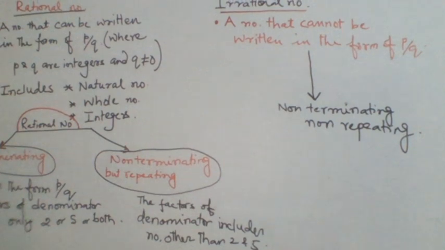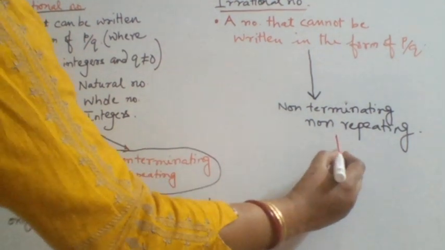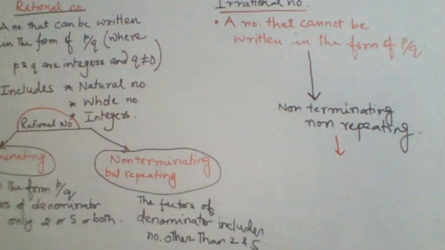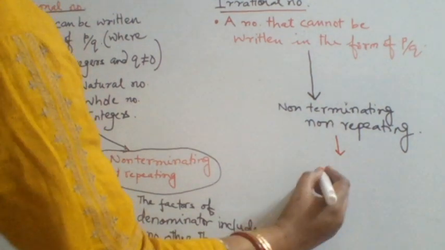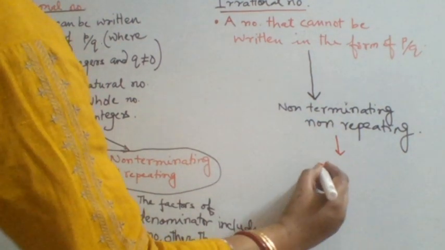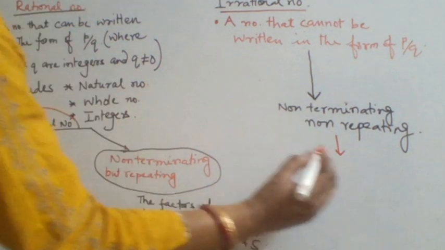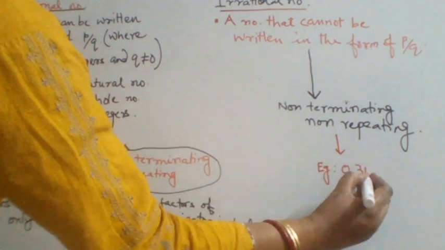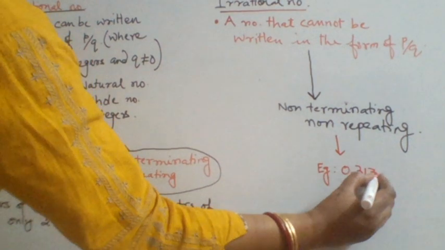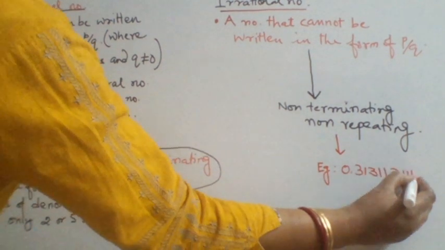Now for irrational numbers, this is non-terminating but they have a pattern. The non-terminating decimal will be like this, for example, 0.31, then 311, 3111, like this.